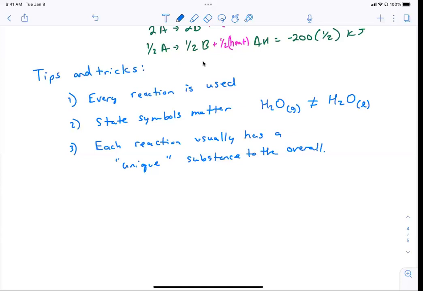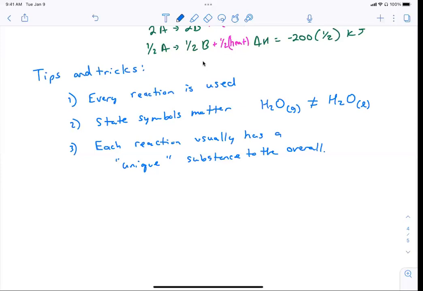What you'll notice is that each of the smaller reactions has one substance that's only in that reaction and in none of the other reactions, but it's in the overall reaction. So whatever coefficient that substance needs to be in the overall has to be what you do to that reaction. So when you're trying to do a Hess's law problem, look for the substance that's only found in one of the little reactions that's in the overall reaction, because that will help simplify what you have to do math-wise to calculate it.